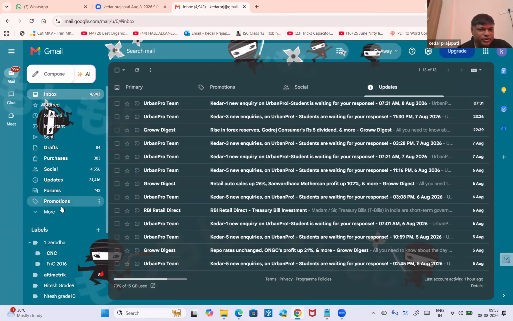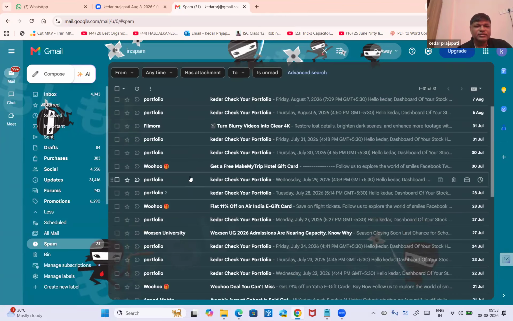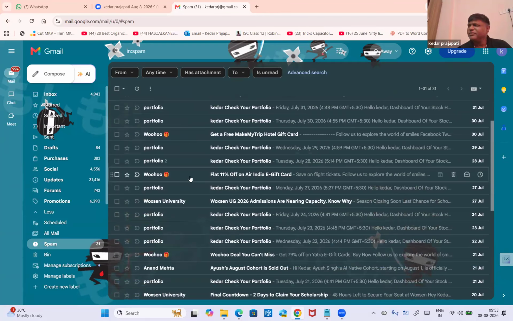But there is a folder called spam here. Spam emails are those emails which are of no importance to us, and we hardly open them anytime. Google's spam email detection model identifies user behavior.